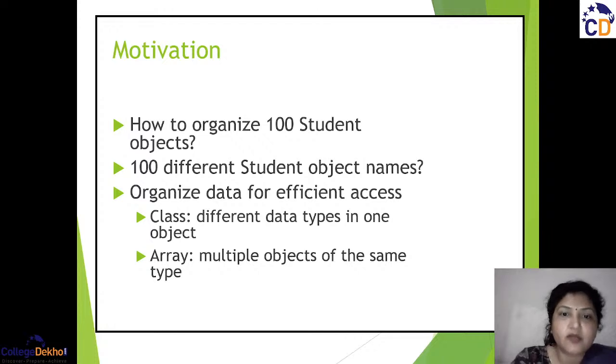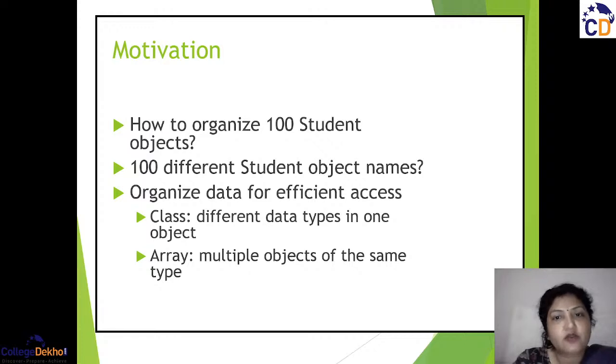You want some data structure which stores all the marks of these 100 students, and 100 different object names. Suppose there is one memory location where you have stored one student's details, and another memory location where you have stored another. How are you going to use them in future?